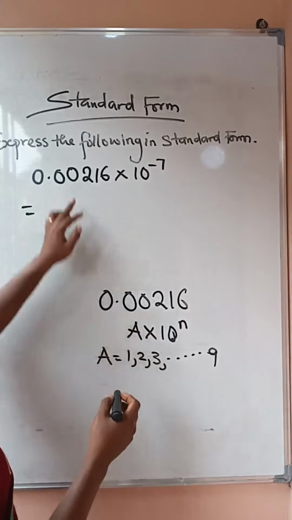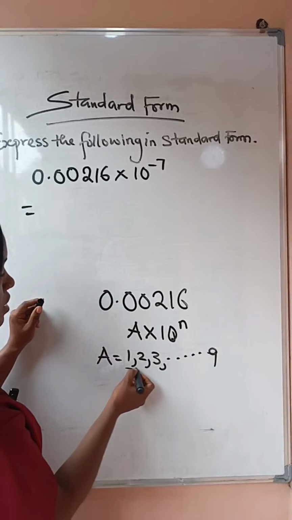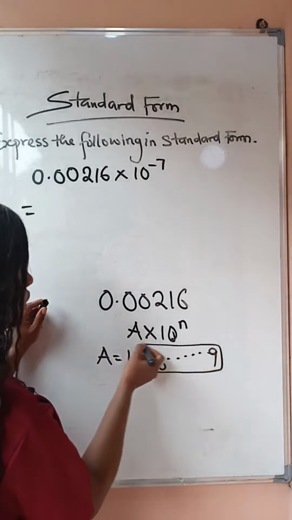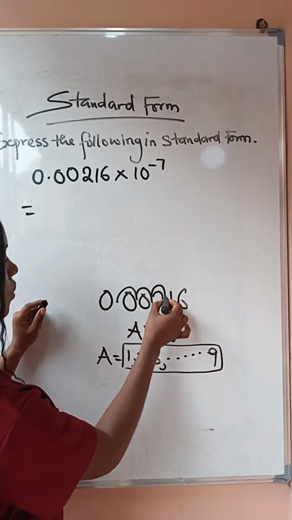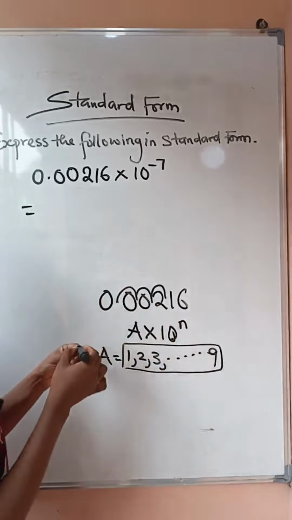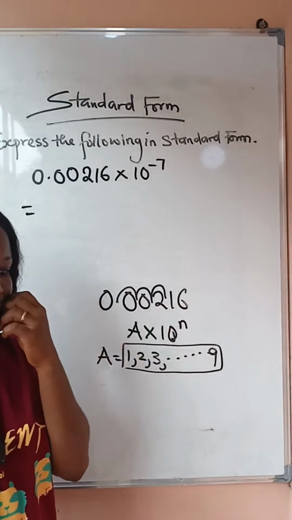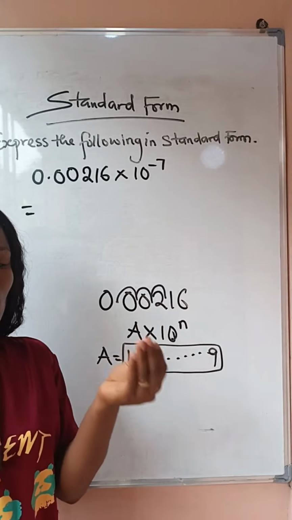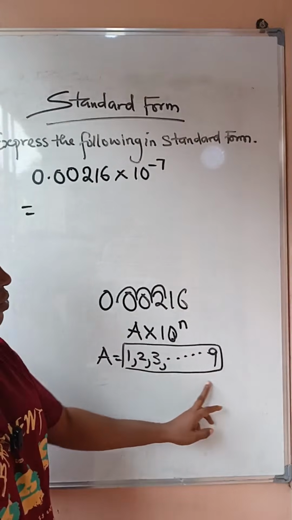So for our a in this form, we need to shift this decimal point till we get to a number that is within this range. So we go 1, 2, 3. I'll stop at 2, because this will now give me 2.16. And remember that 2.16 falls within this range.